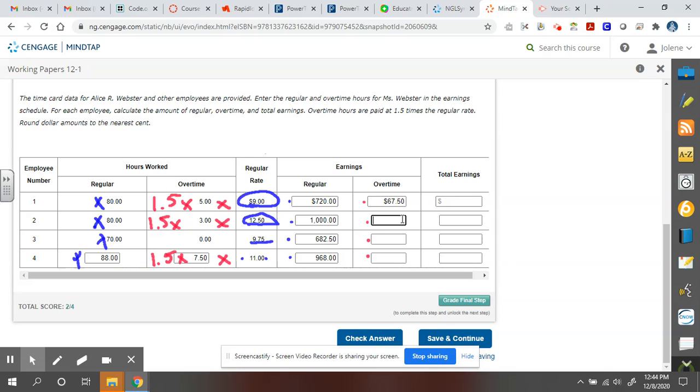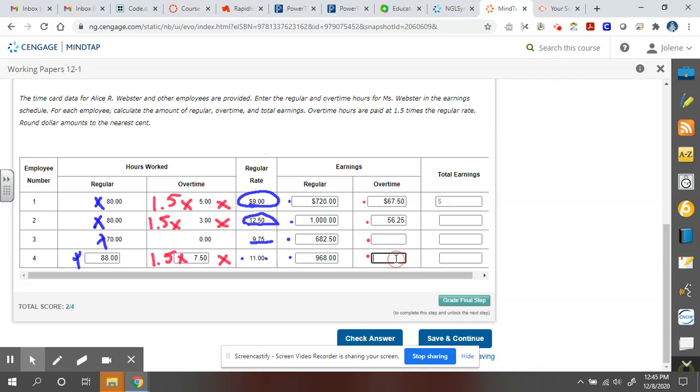Employee number 2, 1.5 times 3 hours times $12.50. $56.25.